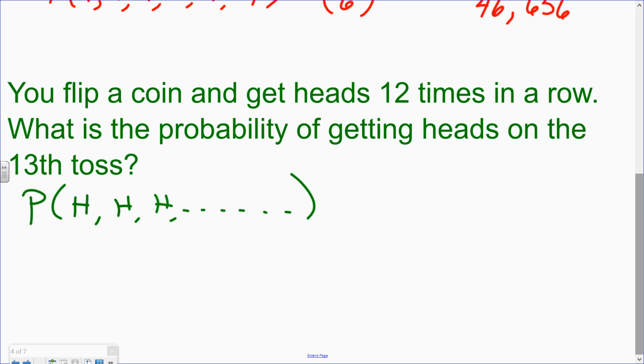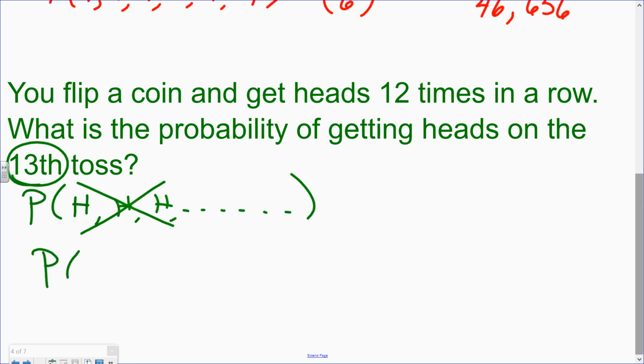No, why not? What's different? Okay, this does not say what is the probability of getting heads 13 times in a row. It says what is the probability of getting heads on just one toss, the 13th toss.